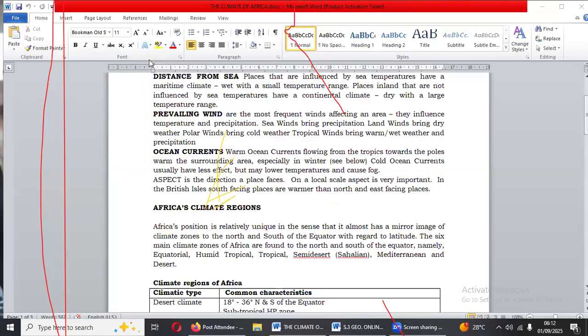So I didn't say anything about solar radiation. Sorry, so you are not the one who spoke about solar radiation. Who gave the point on solar radiation? Was it Trevor? Trevor?